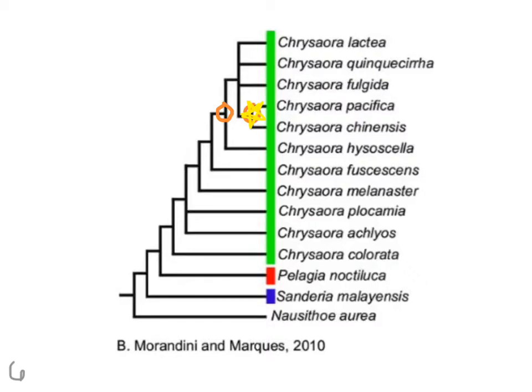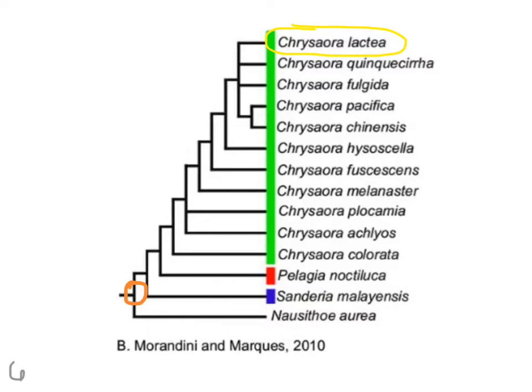Which species shown on the cladogram above has the most distant, the furthest in the past, common ancestor to Chrysora lactea? Did you find it? Did you mark it? Did you say this one? Yeah, that one's really challenging.